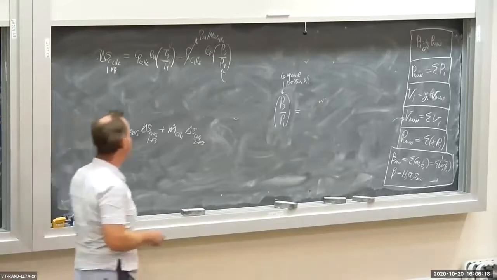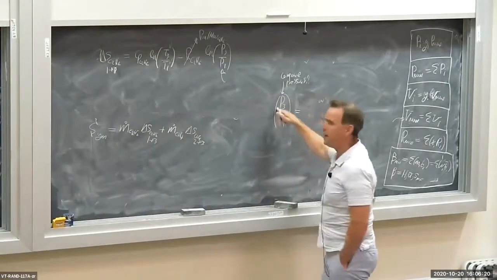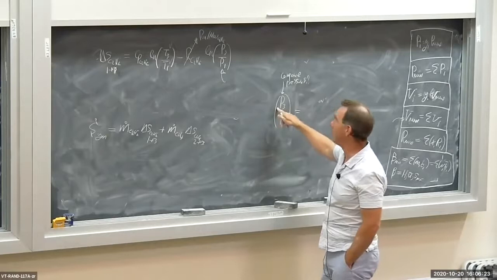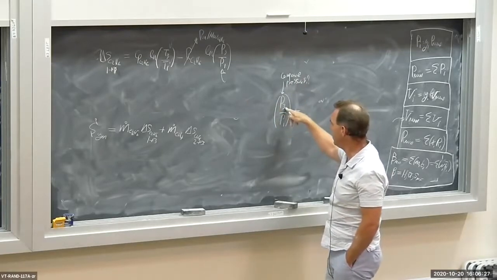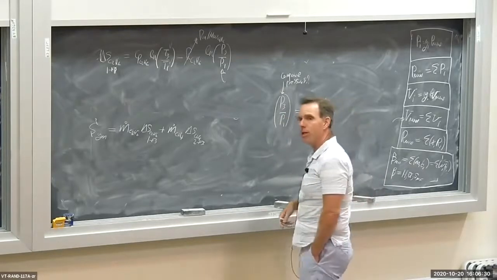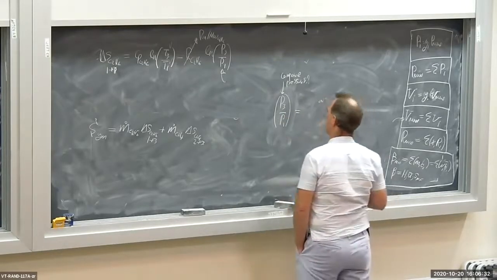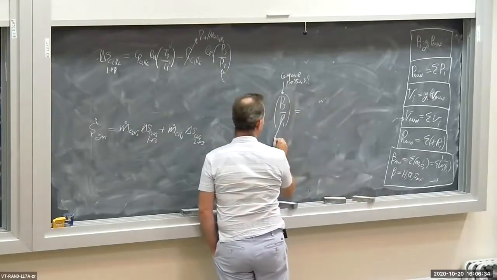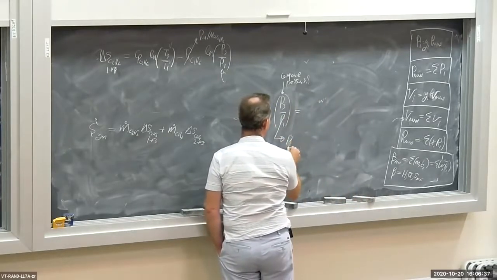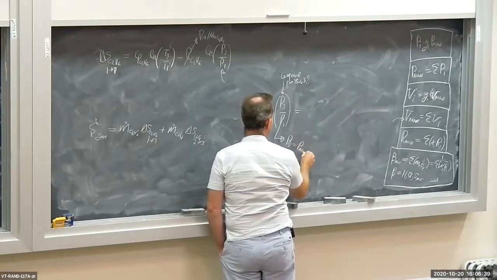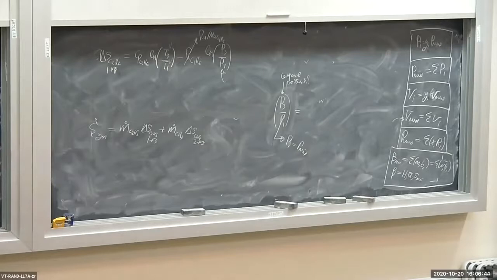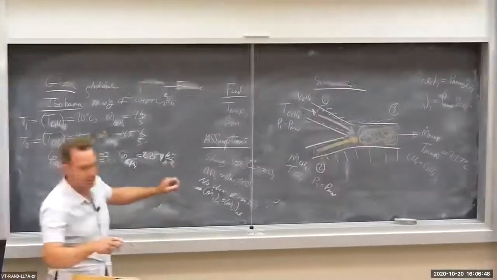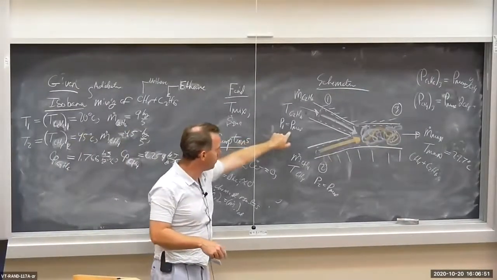So this ratio, P3 over P1, is the partial pressure of the ethane at the outlet divided by the pressure at the inlet. Now, it's an isobaric process, so P1 is equal to P mix.